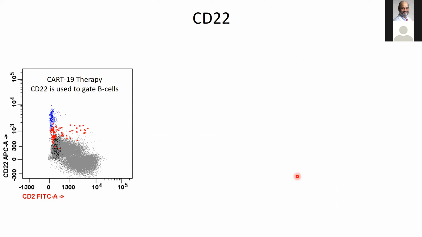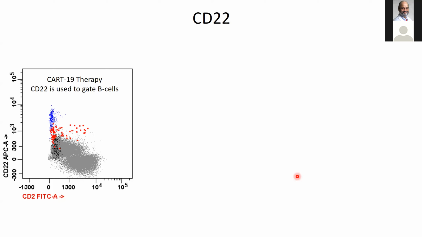When we treat patients with CAR T19 therapy, the follow-up cases of B lymphoblastic leukemia can come back as a CD19 negative B lymphoblastic leukemia or B lymphoblast population. Most people don't do a rigid gating analysis in our laboratory, so we use a different type of approach than the traditional rigid gating analysis.